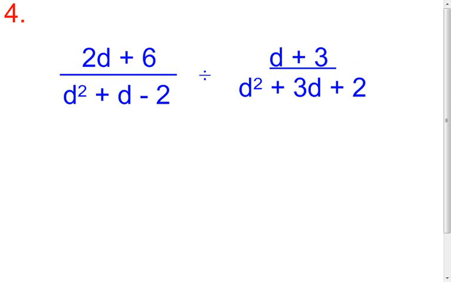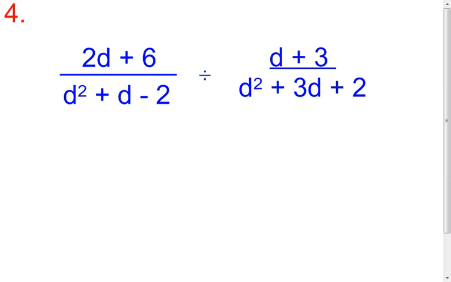All right, here's another very similar one that I will do here, and make sure you're okay. So again, we're dividing rational expressions. In this case, I want you to pay attention to the denominators here. And actually, I'm going to factor this first and then switch it, I think. Okay?